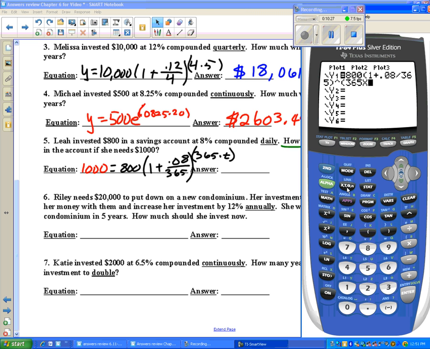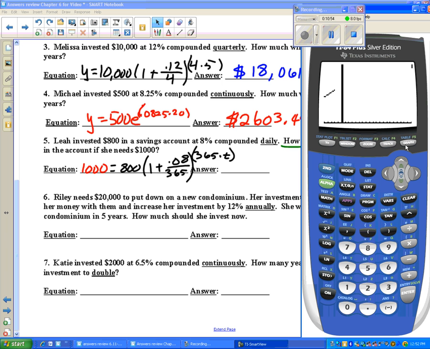And it's x that I want to find, how long. My Y2, I'm going to plug in that $1,000. Now that means I need to see 1,000 in my Y window, so my Y window needs to go above 1,000. I'm going to make it 1,200. I'm not sure how many years. 20, 15 might have worked. I'm going to try 20 years to see what that would look like.